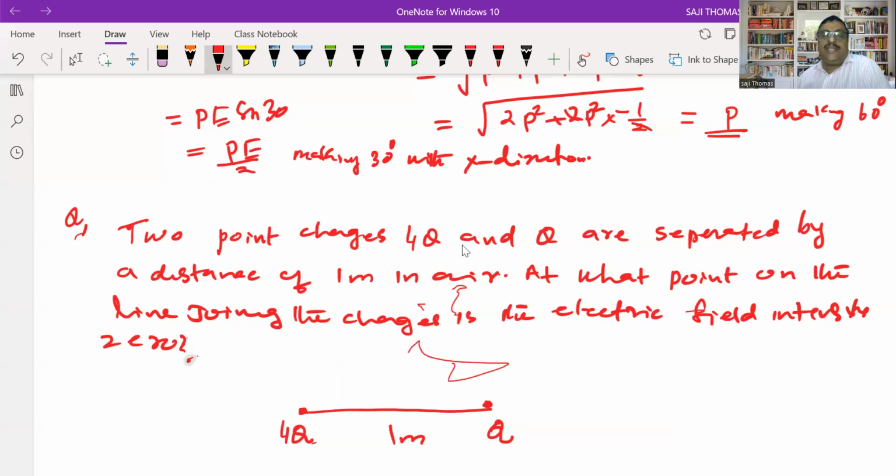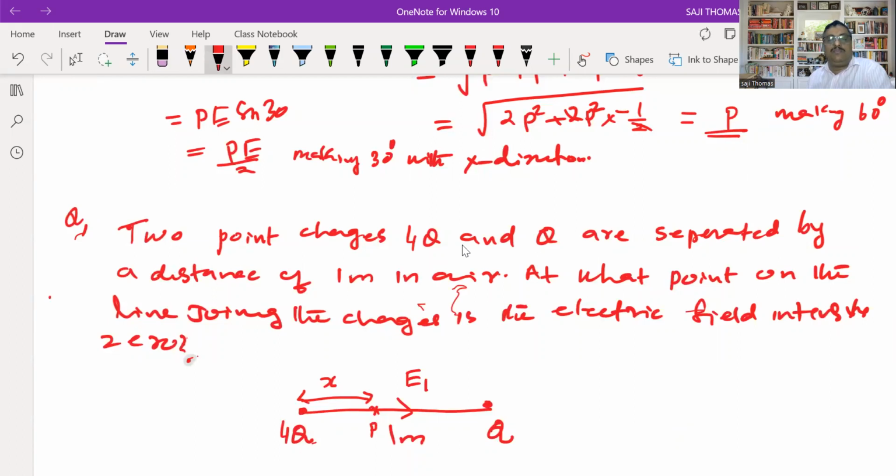See, if you take a point in between the charges, take this point P, at a distance x from 4Q. The electric field at P due to the 4Q charge is away from the charge, in this direction, say E1.